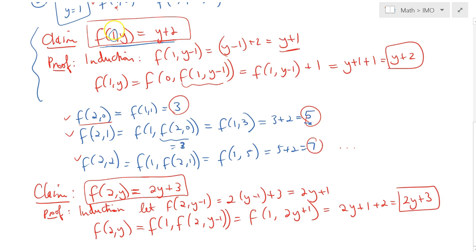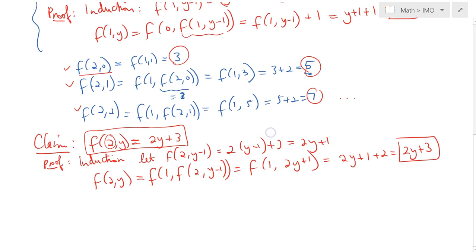So far I was able to advance and prove my claim for the first level and the second layer. Now we can go on to the third layer. After working a few steps, we can probably come up with a claim. Let's start with f of 3, 0.